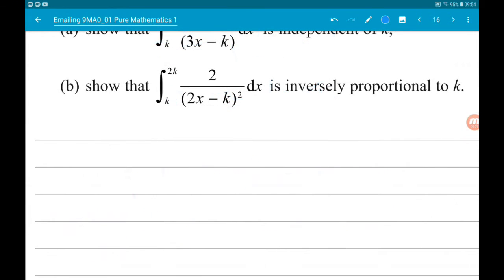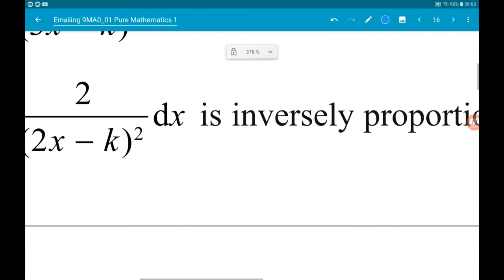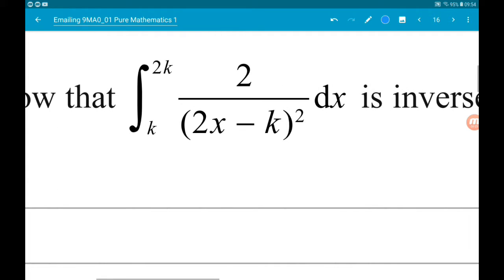Okay, then part B wants us to show the integral between k and 2k of 2 over 2x minus k squared with respect to x is inversely proportional to k. Again, let's find the integral and see what's going on. It's only 3 marks for part B. So let's use substitution again.